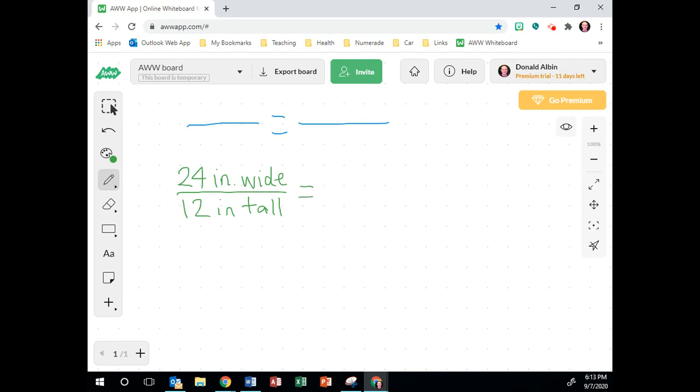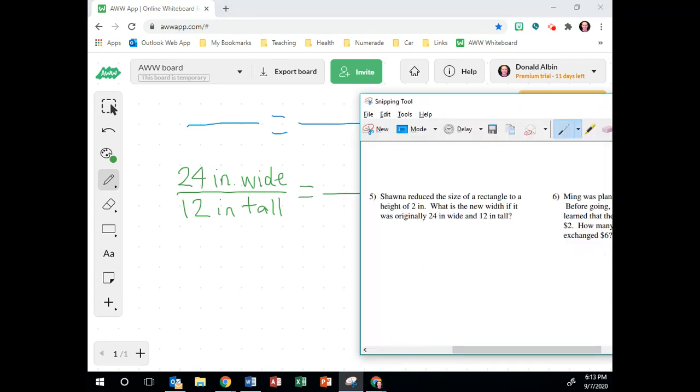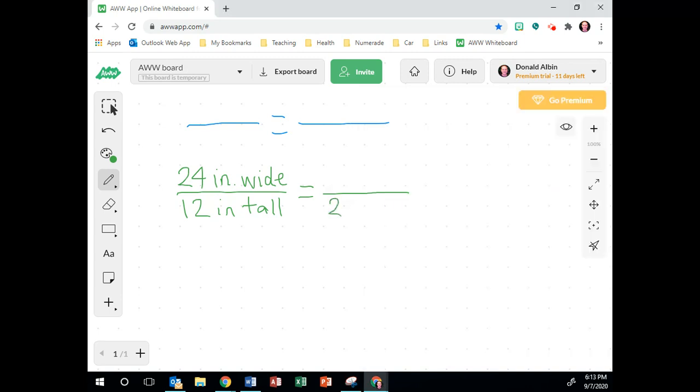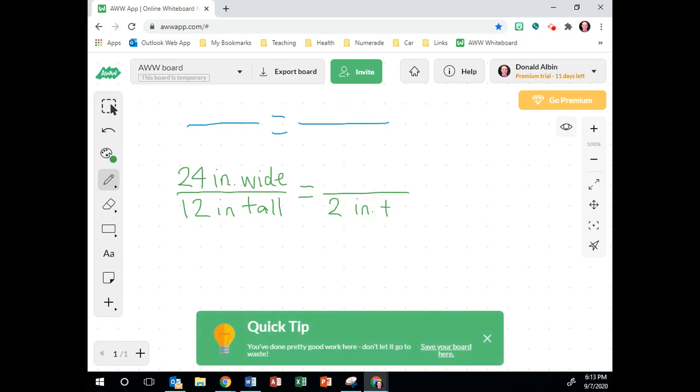And I'm going to set that equal to another ratio. My other ratio has to include the number 2 inches, and I see that 2 inches is for tall. It's the height, tallness. So I'm going to write 2 inches tall. We're not told the width, and so that's what I'm going to figure out.